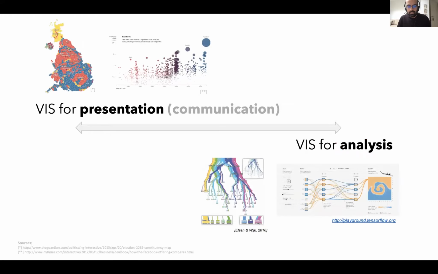And then we've seen visualization being used in various different roles. One common role is presentation, that we usually see in the media, as a presentation and communication device for data. But we are also seeing visualization, especially in the field of visual analytics, being used for analysis quite often.